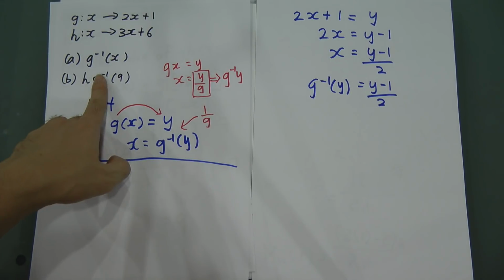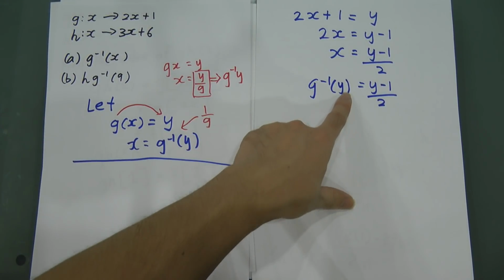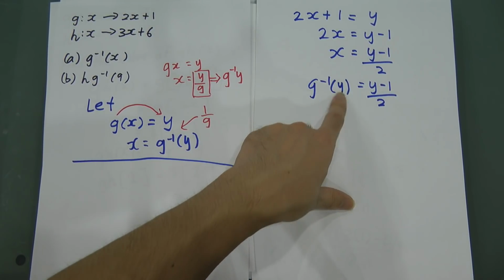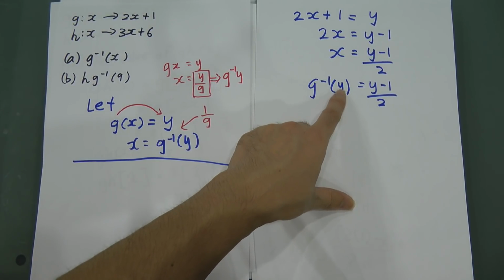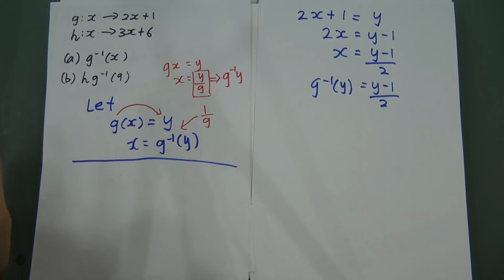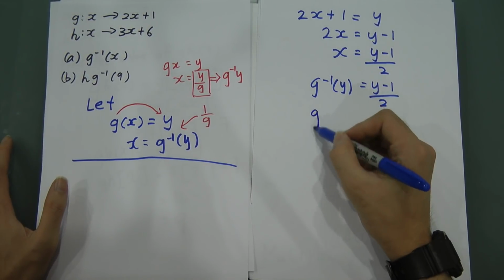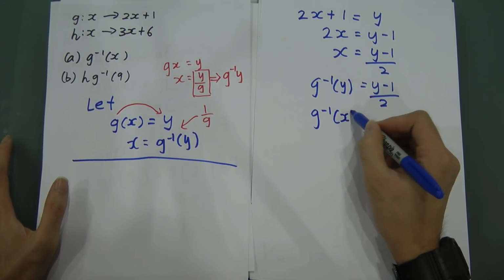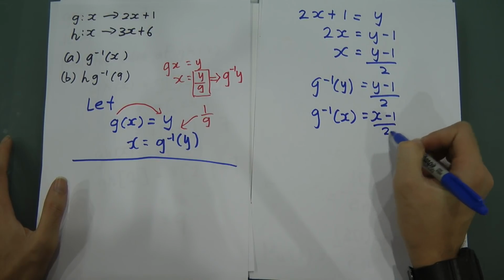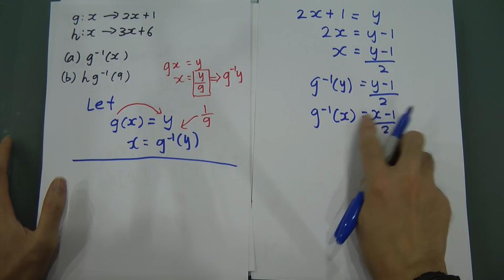Now you want to find g inverse x. Actually I say this one is a variable, means we can change. Now I change all the y to x. Any y you see here you want to change to x. So when I change to g inverse x, here I will get (x minus 1) divided by 2, because all the y should change to x.